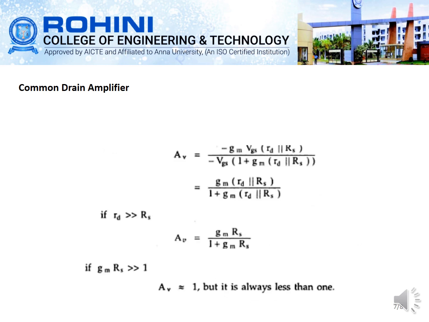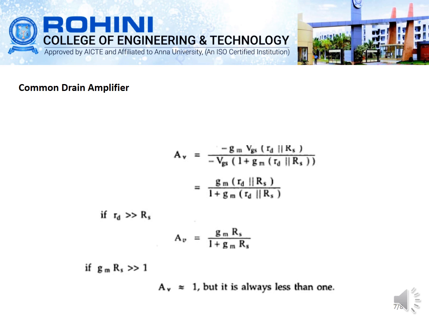Now substitute the values in the voltage gain, that is Av is equal to minus Gm into Vgs into Rd parallel Rs divided by minus Vgs of 1 plus Gm into Rd parallel Rs. You can cancel the Vgs terms, so we get Gm into Rd parallel Rs divided by 1 plus Gm into Rd parallel Rs.